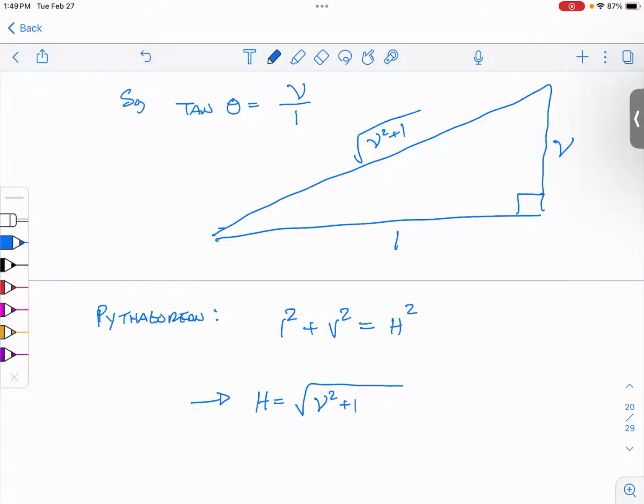Say that again: can I take the square root over this whole thing, individually take it into the V squared, individually take it into the 1, so this becomes V plus 1? Absolutely not. I just want to make sure, because I see that a lot.